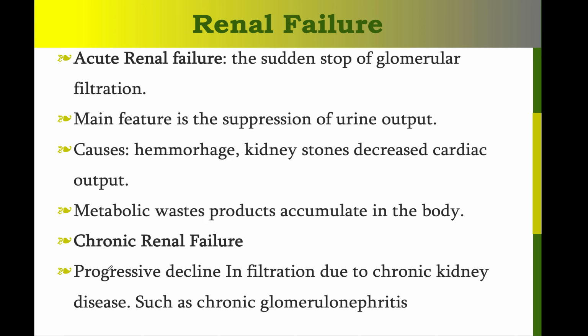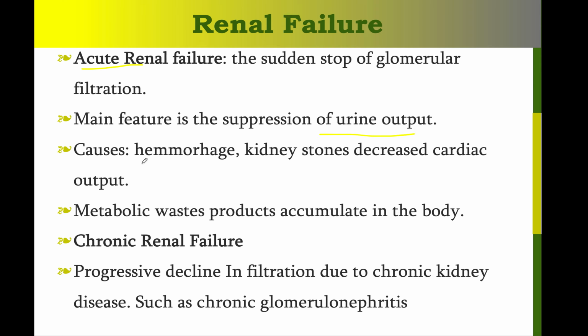So what is renal failure? It means that the kidneys will stop filtration, or the filtration will be very slow, and that is acute renal failure. So what will happen if there is less filtration or slow filtration? The urine output will decrease. So when does that happen?